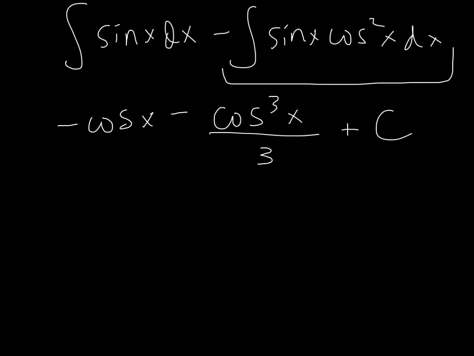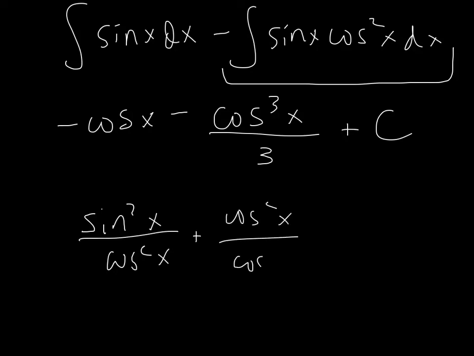So then you asked me something about secant squared. And I would tell you that there is also a Pythagorean identity with secant squared. It involves tangent squared. I think it's something like tangent squared plus 1 equals secant squared. Let's see if that's true. So tangent squared would be sine squared x over cosine squared x, plus 1 would be cosine squared x over cosine squared x.